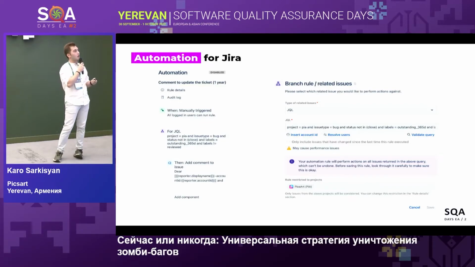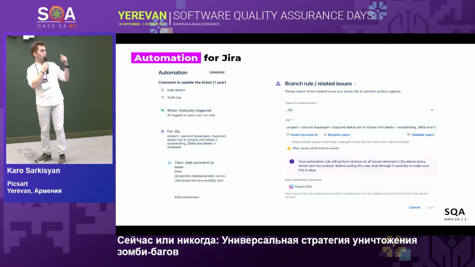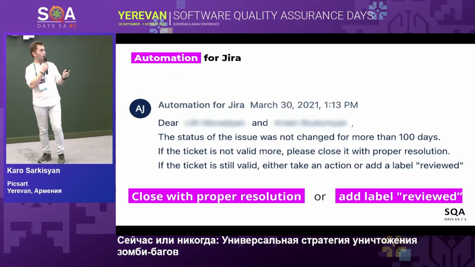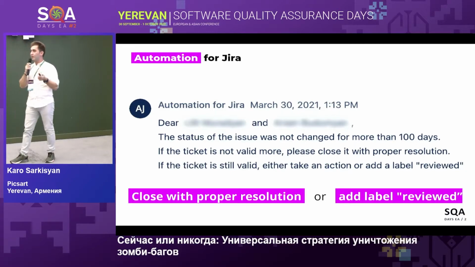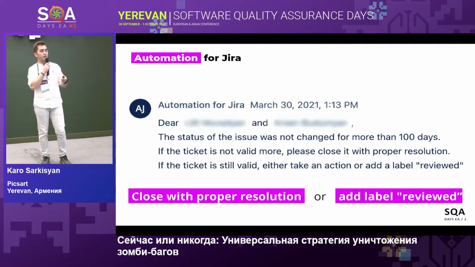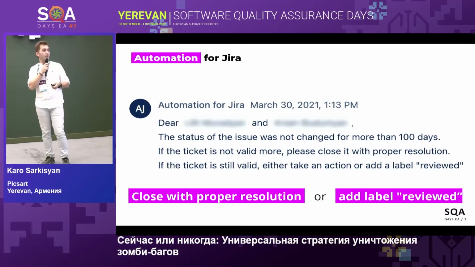In this case, it was triggered manually, and we commented under all tickets in the mentioned JQL group: hey reviewer and assignee, this ticket is about 1 day old, and you need to either close it if it is not valid anymore, or add the label reviewed.